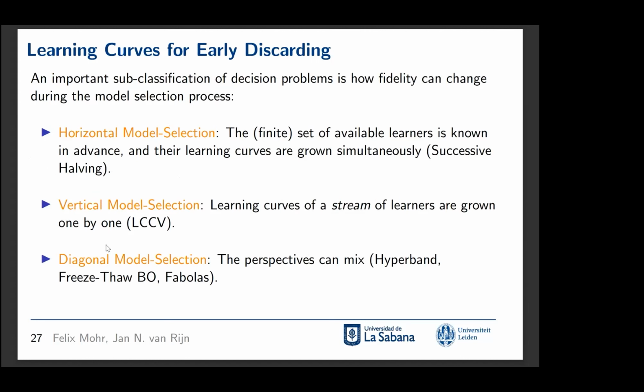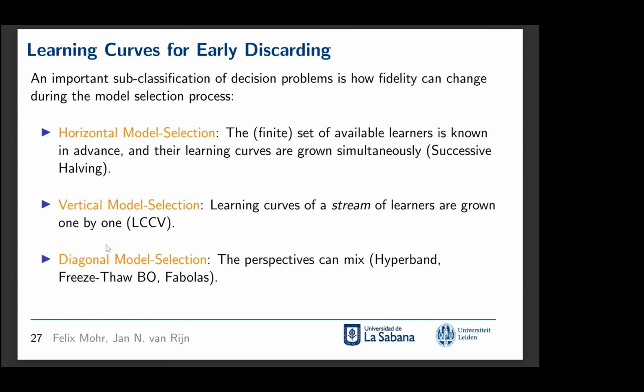And then with respect to this early discarding, it's worthwhile to separate different types of algorithms that make different kinds of assumptions about how they do this model selection process. We're mainly separating two groups here, which we call horizontal and vertical model selection.